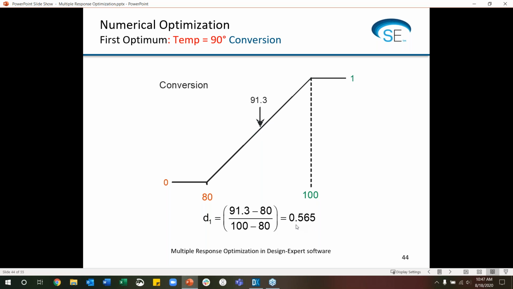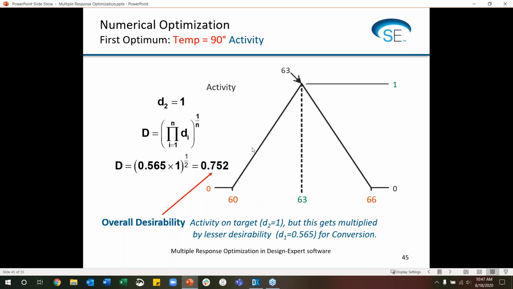Basically, it's saying you're 56.5% of the way up the slope. Then for activity, we hit 63, so we got the perfect little d of 1. Then we take those two and multiply them together, raise them to the 1/2 power to get our overall desirability of 0.752. Okay, so that's how the overall desirability is calculated for this particular case.